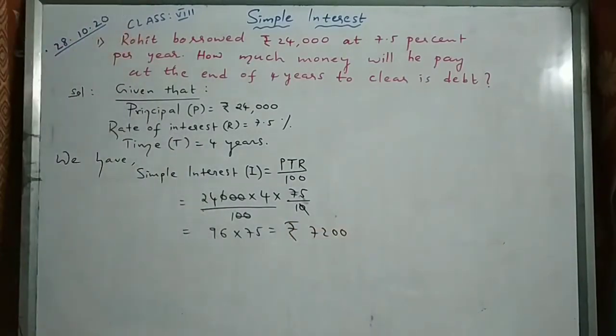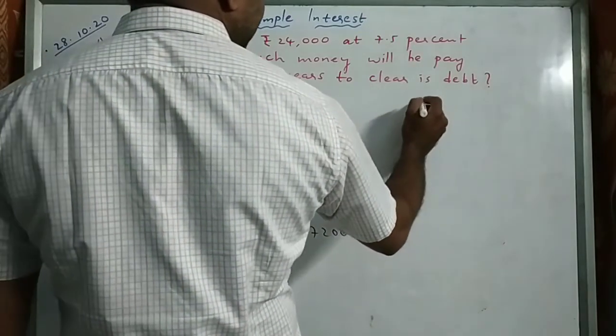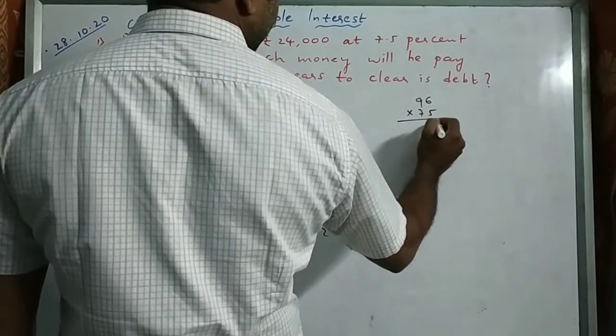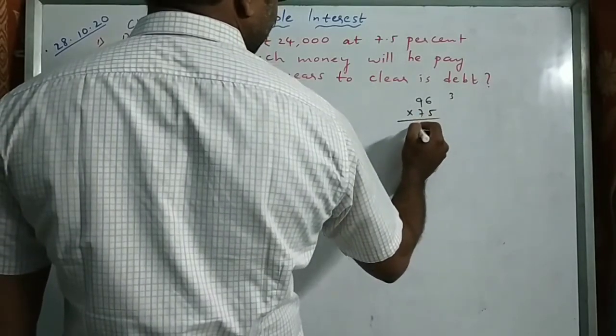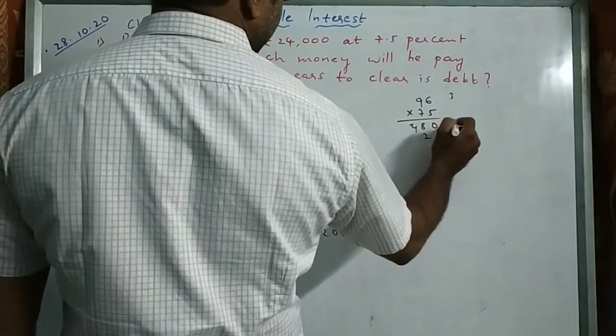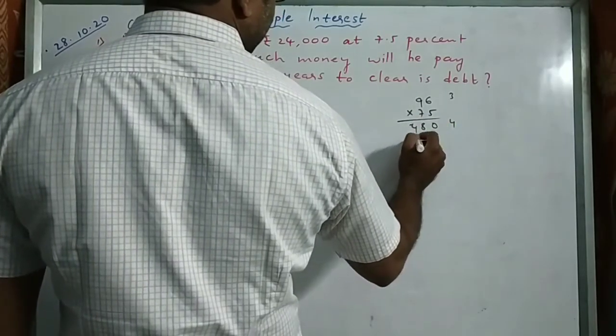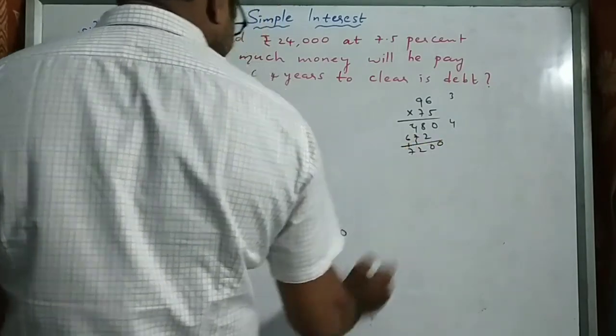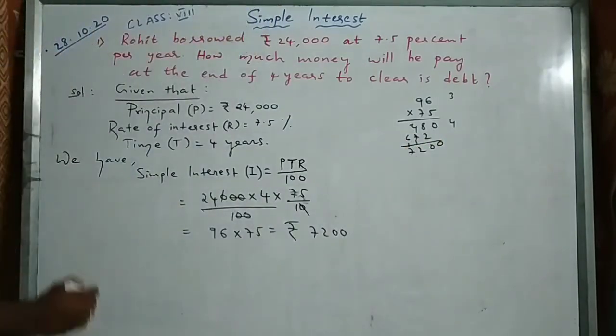Okay. 96 into 75. Multiply. Right. That is simple interest.